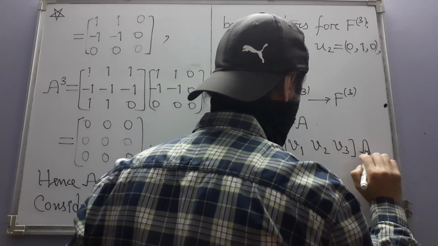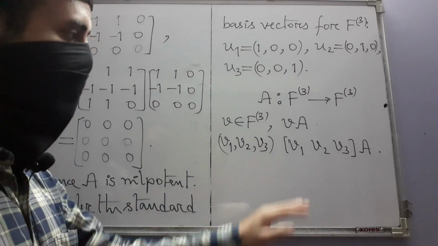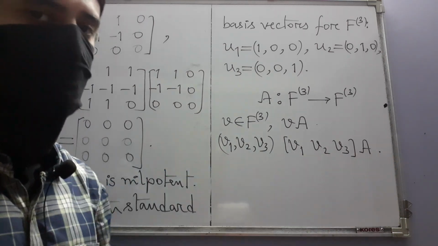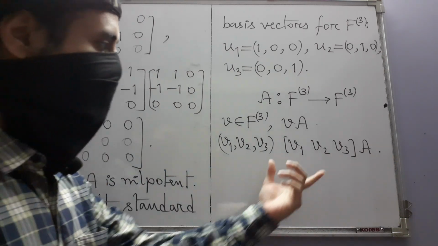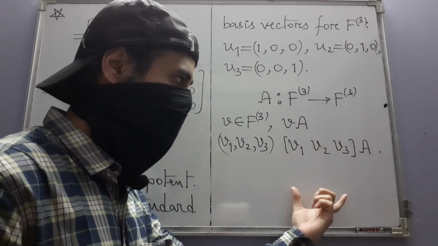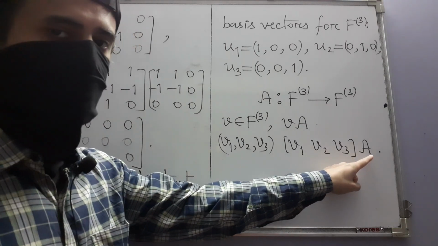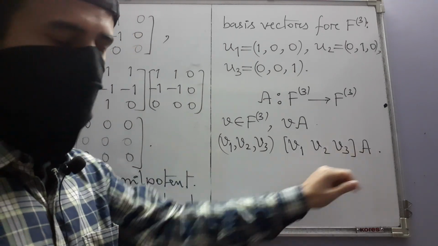If you multiply this and A in this order, this product makes sense. Why? Because the number of columns of this row matrix, which is 3, matches the number of rows of A, which is also 3.